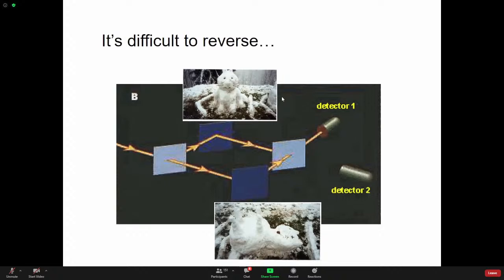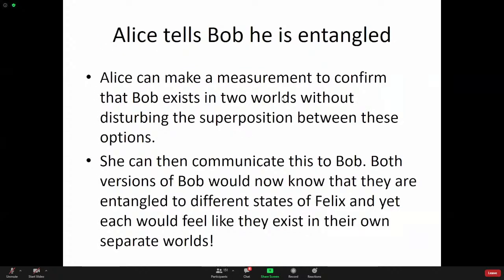And like I said, Alice can do an experiment to actually confirm this. It's very interesting. And in fact, halfway through the experiment, this extra twist, if you like, Alice can even say, listen, Bob, I know you say you see a definitive state, but I can now tell you that you're in a highly entangled state. There are two copies of you. One sees one outcome and the other one sees the other outcome.